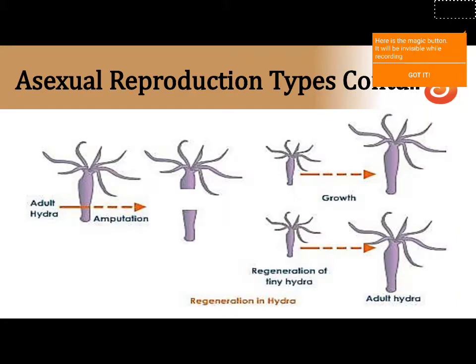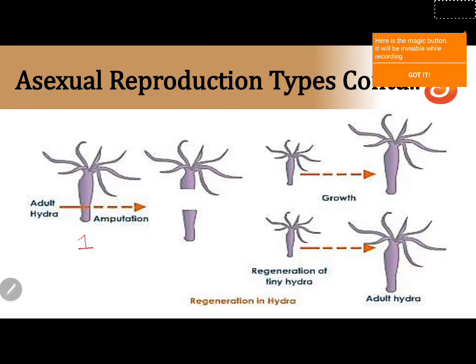Yes. Now if you see, this is a type of asexual reproduction which we call regeneration. In the very first one, I have the parent hydra, and then it is cut in the middle.